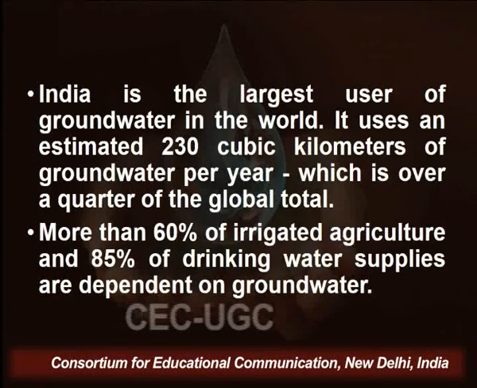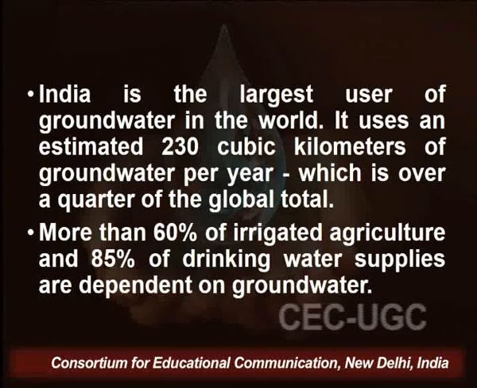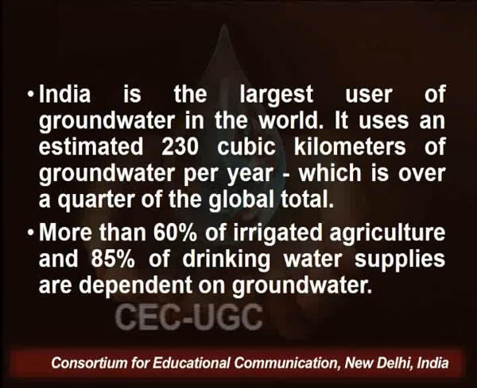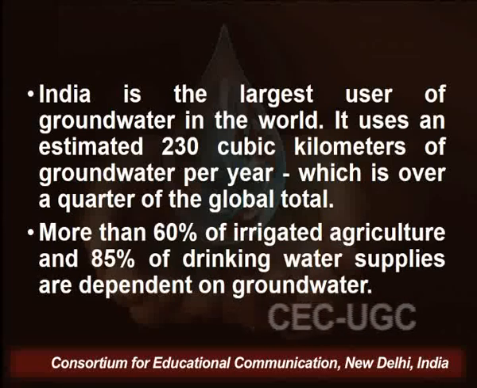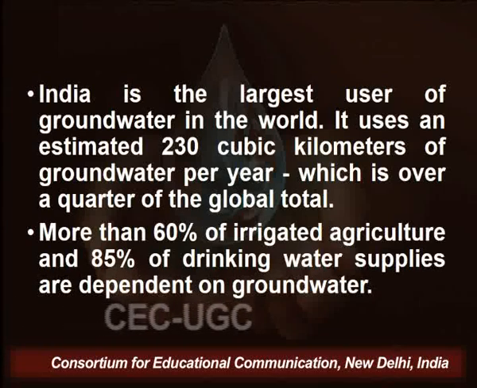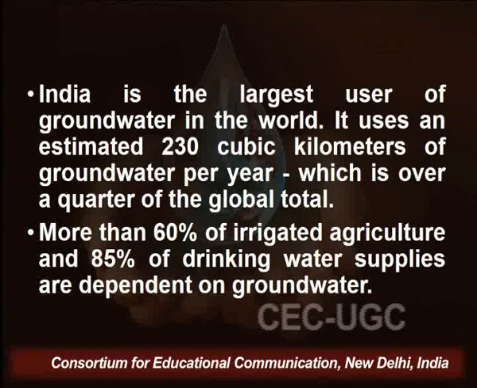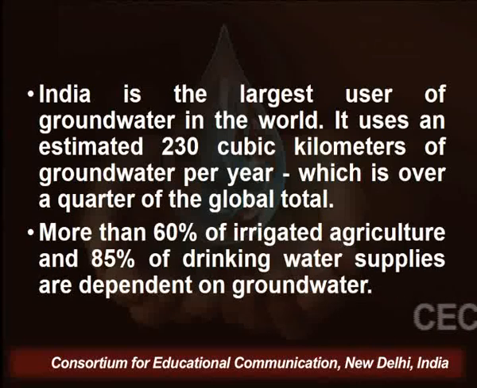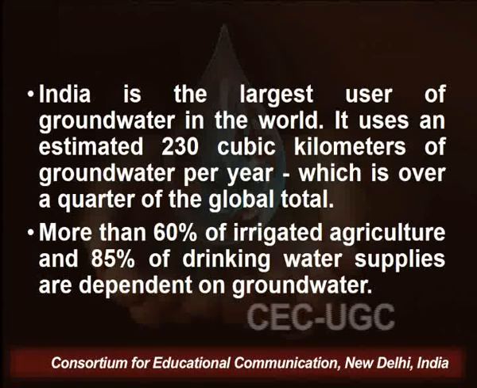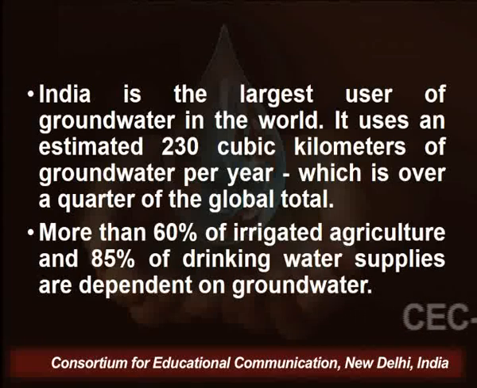So we have such a small area, but our population is so large that India is the largest user of groundwater in the world. It uses an estimated 230 cubic kilometers of groundwater per year, which is over a quarter of the total global use. That is, out of 100%, India is using 25% of the groundwater.